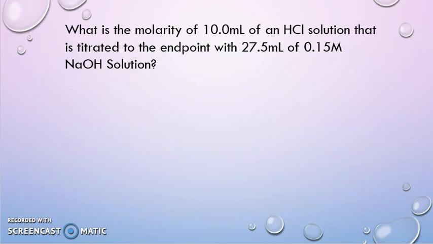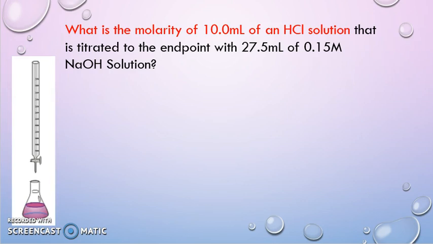Well, the first thing that I picked up right out of the gate is we are asked, what is the molarity of 10 milliliters of an HCl solution? I don't know what that molarity is, so that must mean it's the analyte. So when we're thinking about what the setup of this titration would look like, that means that this solution goes down into the Erlenmeyer flask with the indicator.